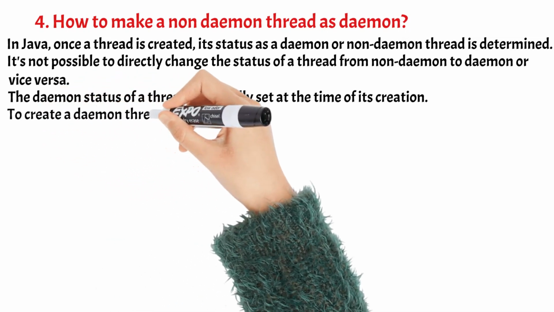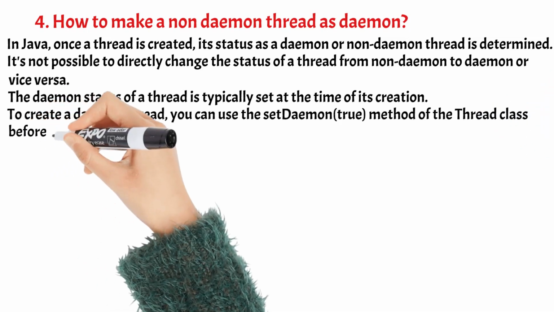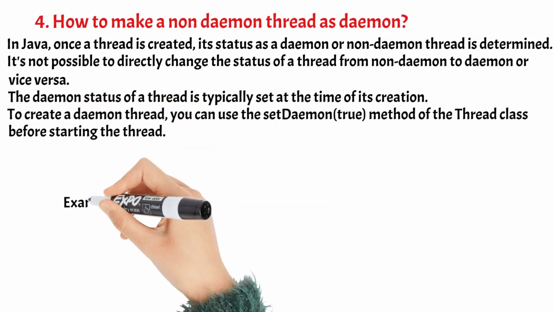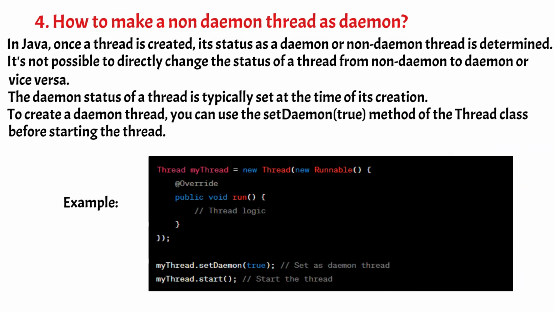To create a daemon thread, you can use the setDaemon(true) method of the Thread class before starting the thread. Here's an example. In this example, myThread is created as a non-daemon thread by default. By invoking the setDaemon(true) method before starting the thread, we change its status to a daemon thread. After setting the daemon status, you can start the thread using the start method.